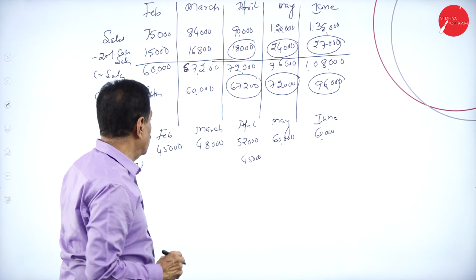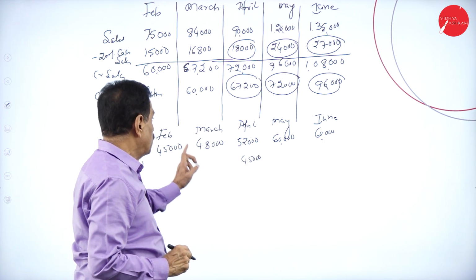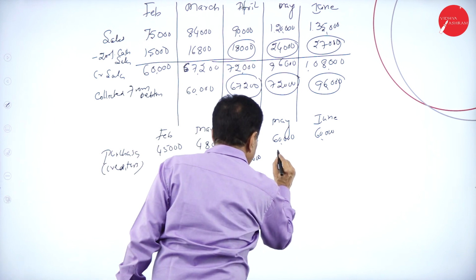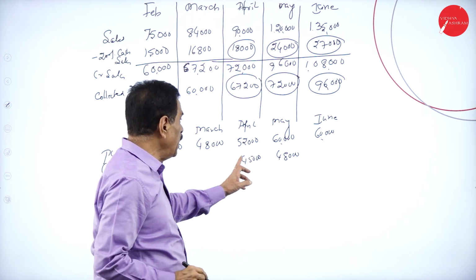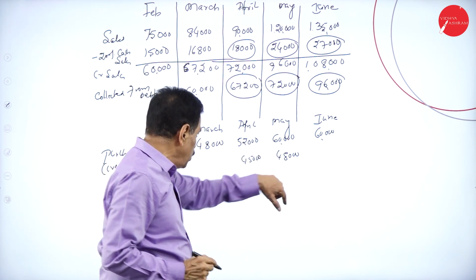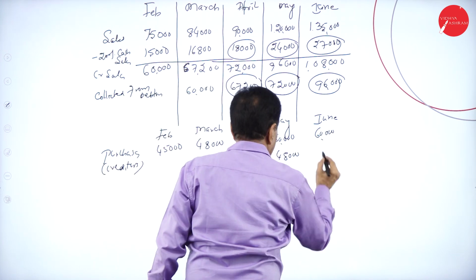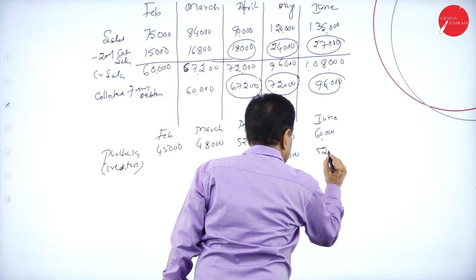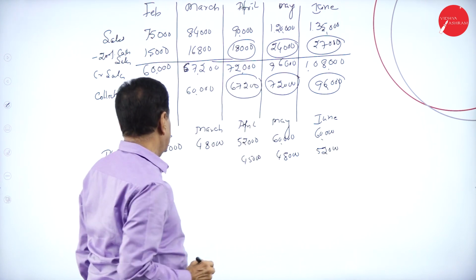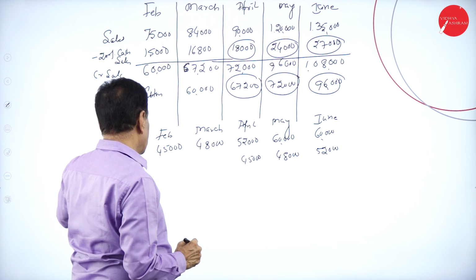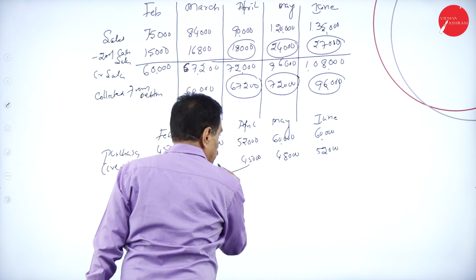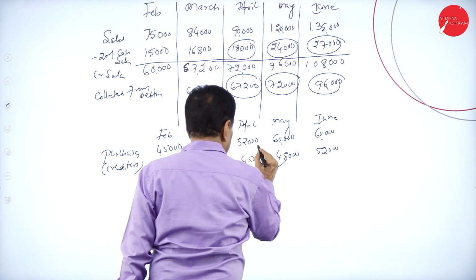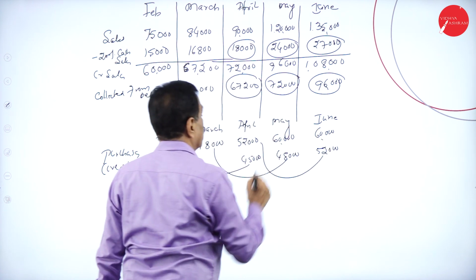After 2 months, March, April in May, April, May in June, 3rd month. After 2 months. He says all creditors are paid: February paid here, March paid in April, April will be paid in May.